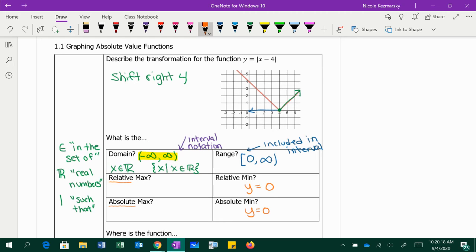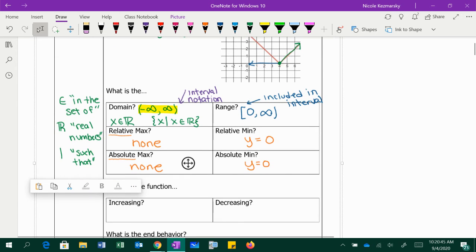We didn't use the 4 because when we write absolute max and absolute min, we tend to only use the y value. For relative, since we have a minimum here, we don't have another turning point, and so we don't have maxima. So we're going to say none for both of these. Okay.